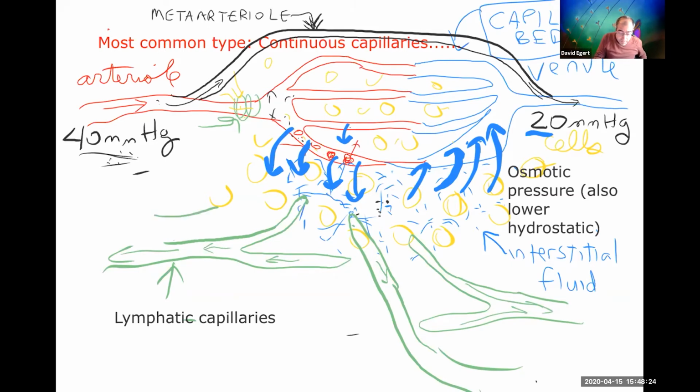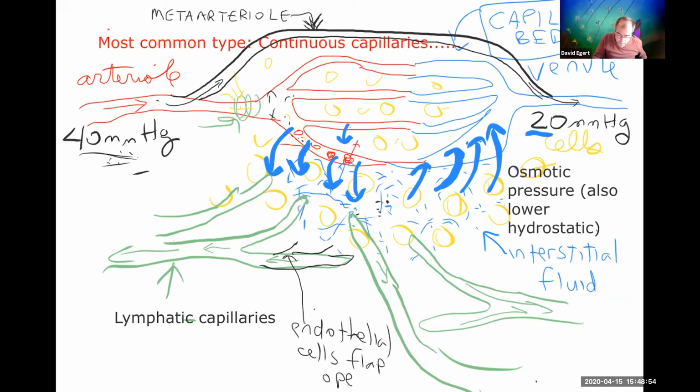Another difference of a lymph capillary is the little endothelial cells that make up their walls have this ability to kind of flap open. Endothelial cells can kind of flap open, which means that they can absorb bigger things, right?